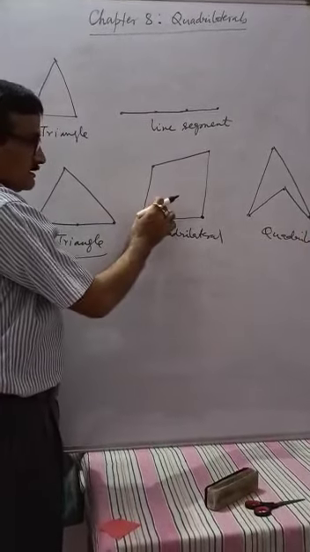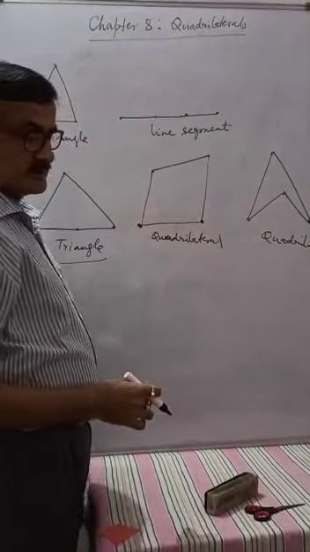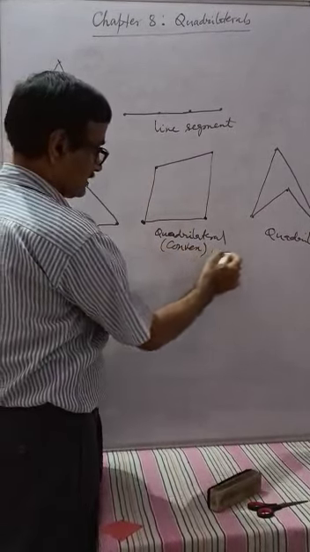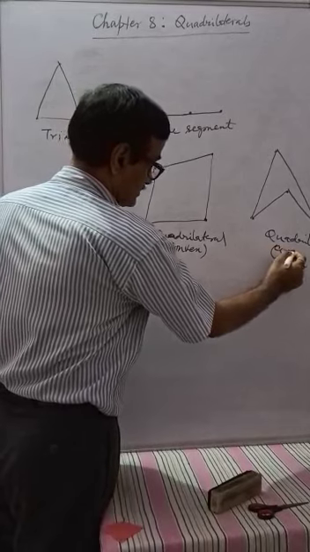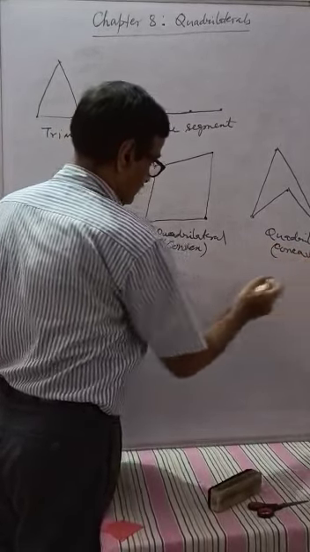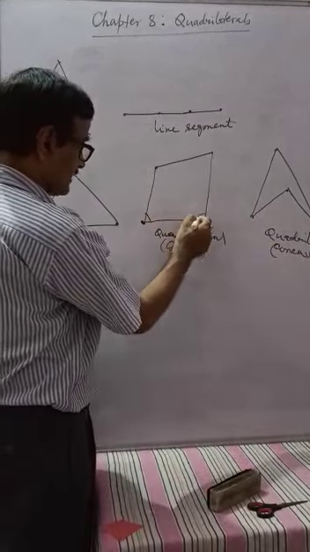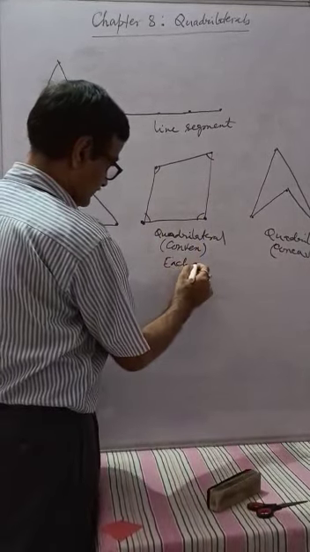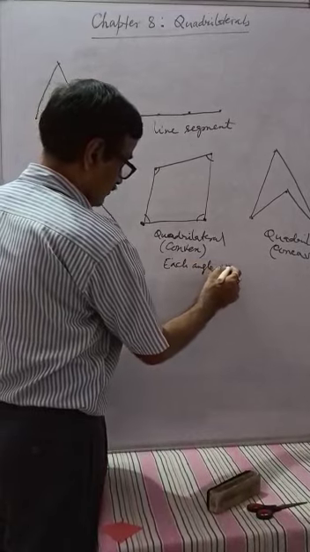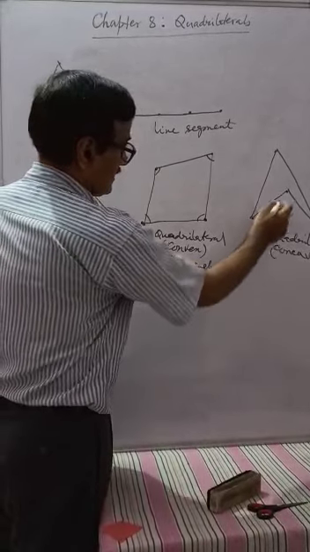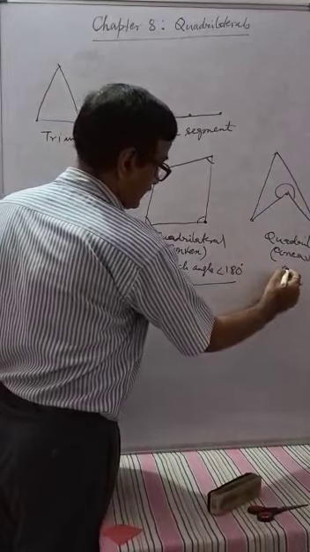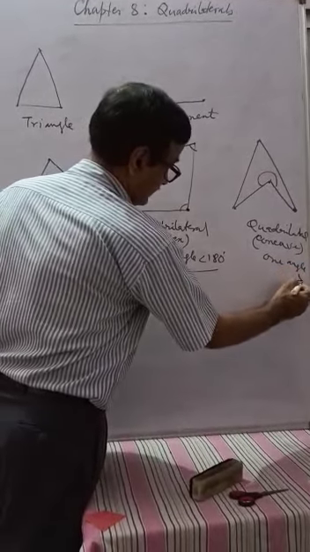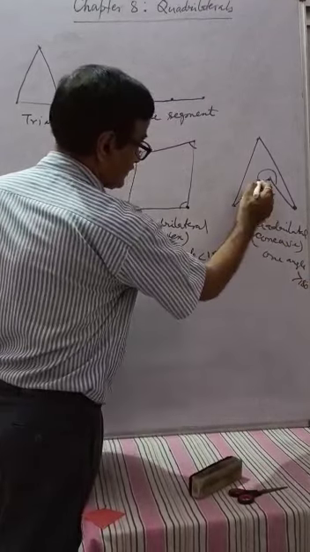Now, both are quadrilaterals. Then what is the difference? This quadrilateral is known as a convex quadrilateral, and this is known as a concave quadrilateral. This is convex because each angle here is less than 180 degrees, but here one angle in this figure is greater than 180 degrees, that means a reflex angle.